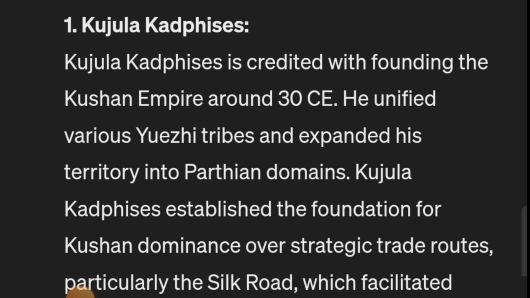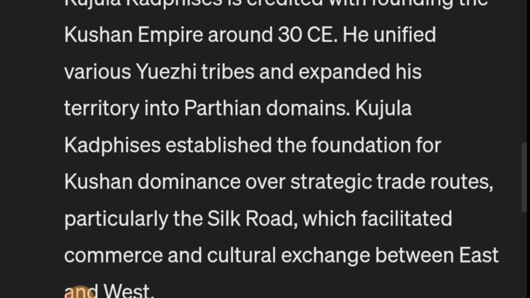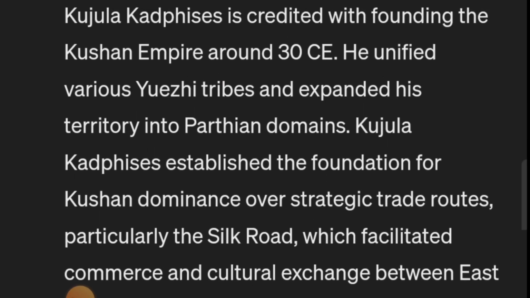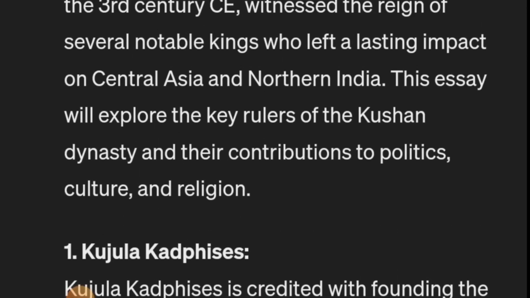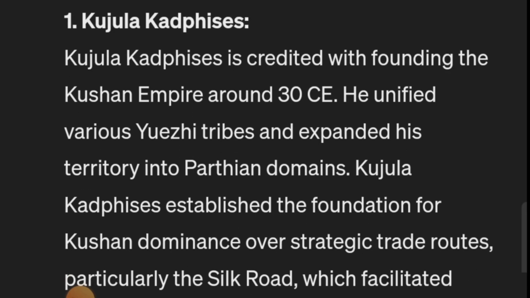His empire extended from Persia to the Jhelum River, and he founded the empire around 30 CE. He unified 5 Yuezhi tribes, and due to this, the Kushan Empire came into being. This is all about Kujula Cadphises, and he is a very important ruler because he is the founder of the Kushan dynasty.